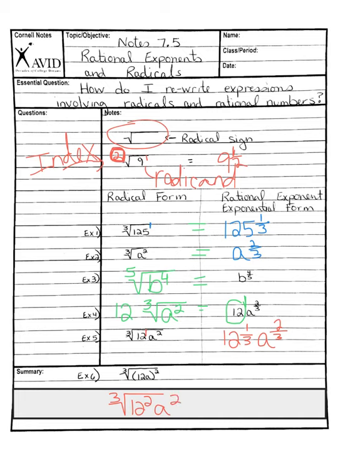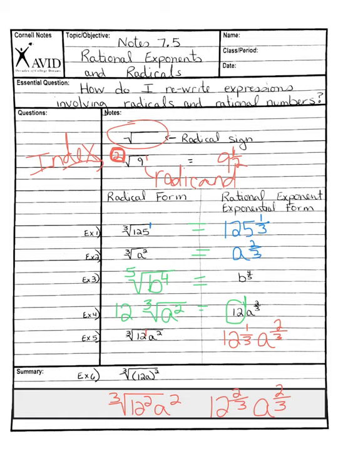The 12 has a power of 2 and the index is 3. So we can divide by 3 for our fractional exponent there. And a is to the power of 2 and our index is 3. So that's one way we could look at it.